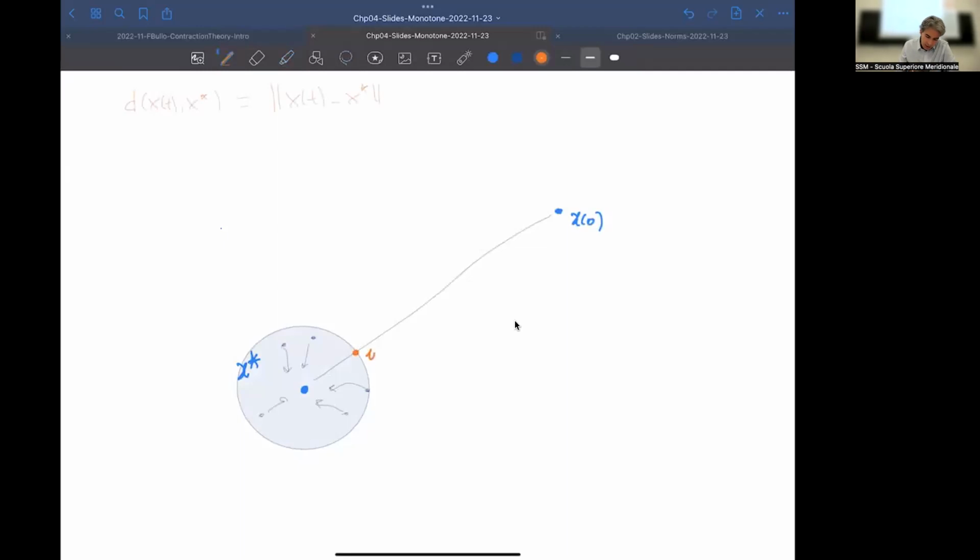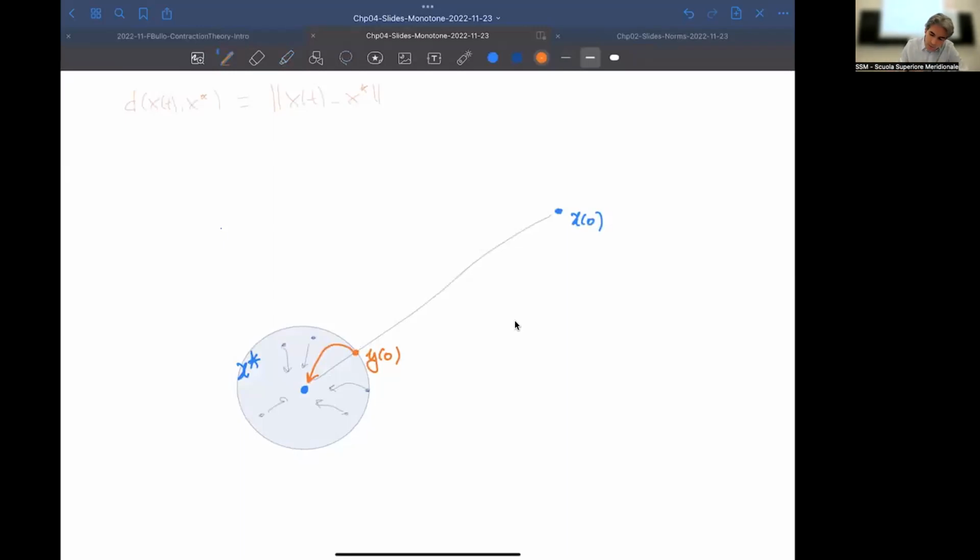Let's call that y at 0. And then I look at the solution that starts at y at 0. By construction, this must go to x star, because that's a point in the neighborhood for which the system is locally asymptotically stable, very close to x star. But this point is on the straight line from x star to x naught.